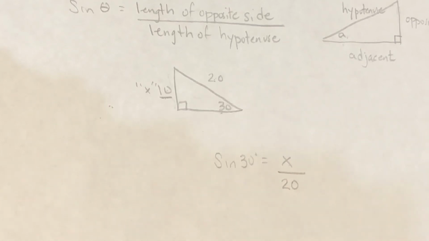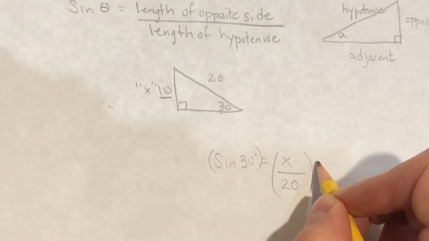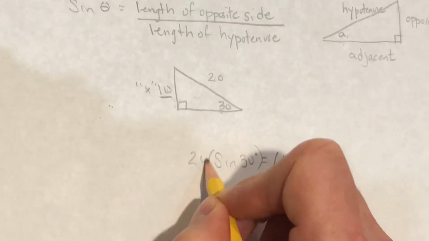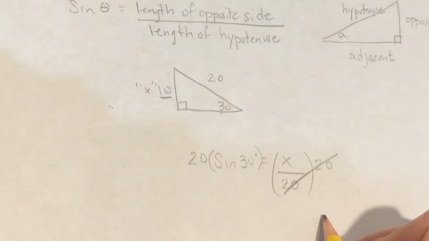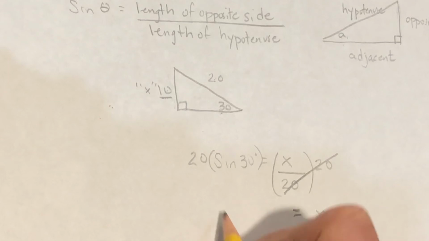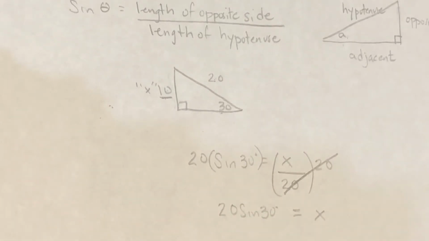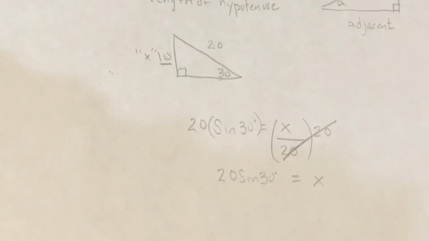It's being divided by 20, so the opposite or inverse of dividing by 20 is multiply by 20 to get rid of that. So what we now know is this unknown side length x is going to equal whatever 20 times the sine of 30 degrees is. And you can type that into the calculator exactly like you see that.